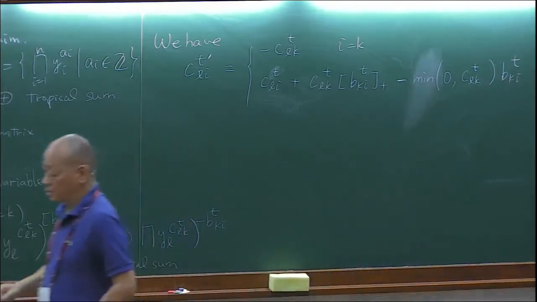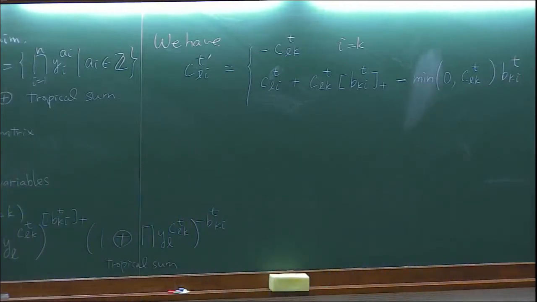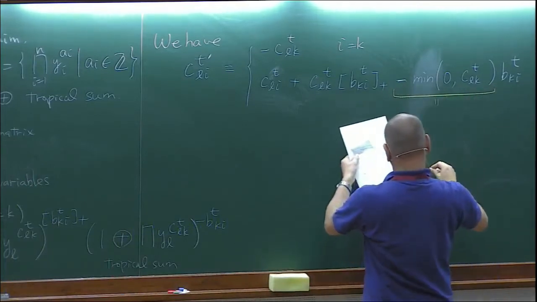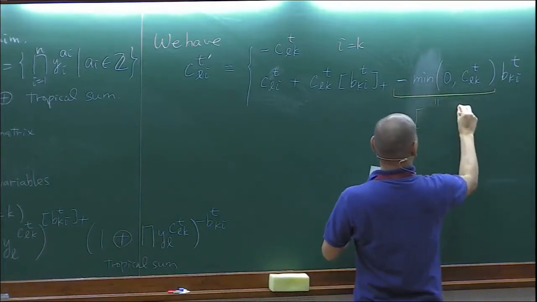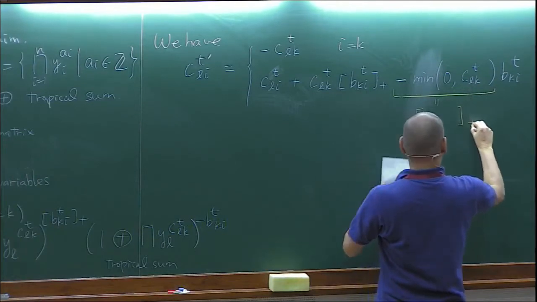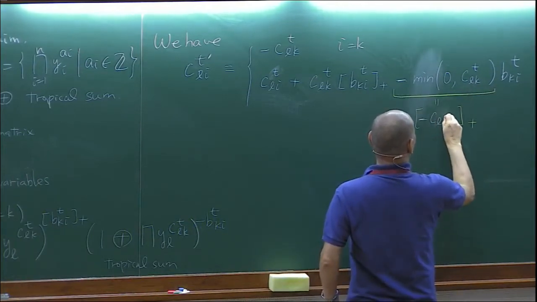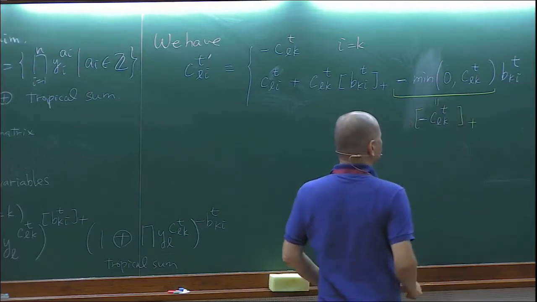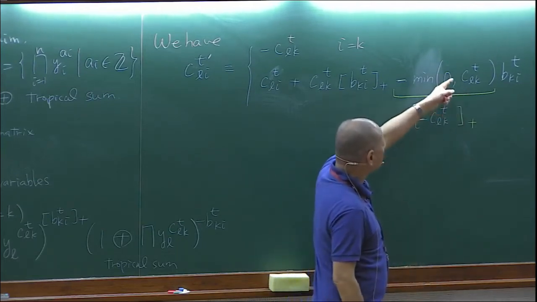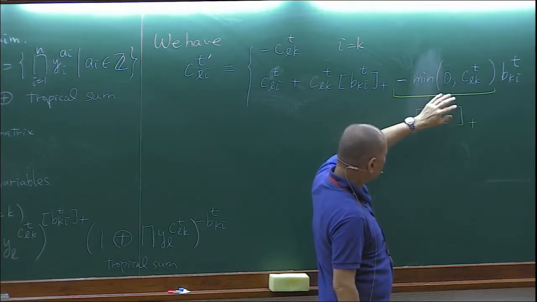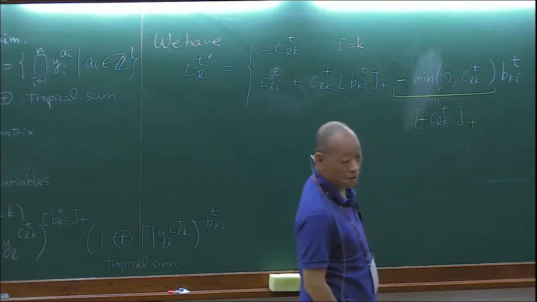Then you recognize that this portion can be conveniently written using this symbol, minus C_{LK} plus. You can check it: if it is positive or negative, in the two cases they coincide.